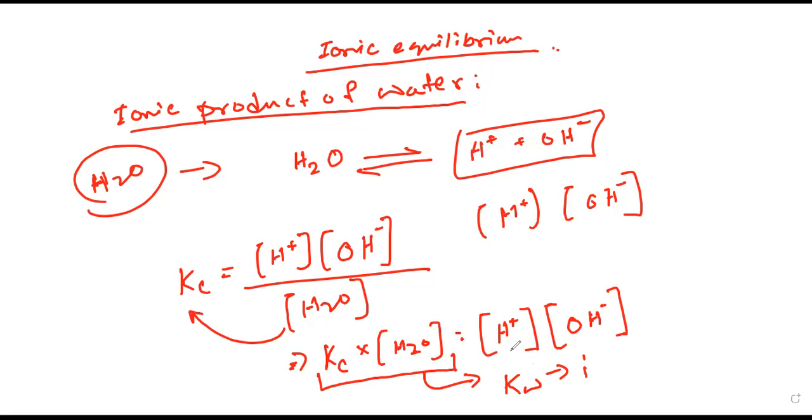Let me repeat again: it is the product of the concentration of H plus and OH minus. That's why Kw is the ionic product of water, and we can write the equation as Kw equals H plus times OH minus.